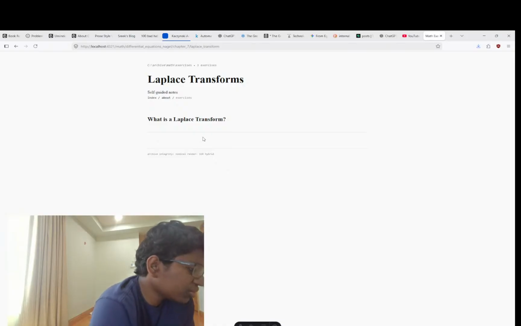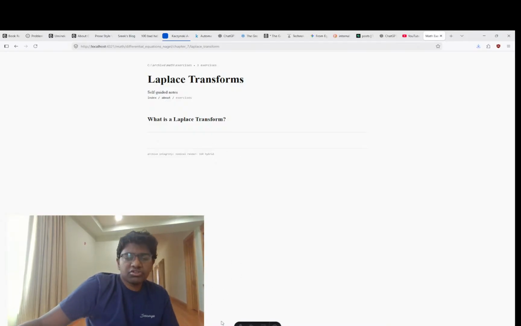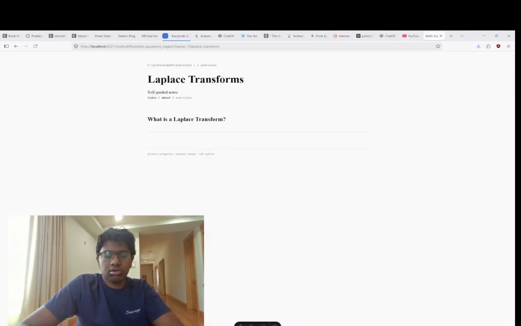So I guess we can introduce the Laplace transform somewhat similarly, but I also want to do a little bit of a different approach. So let's start.